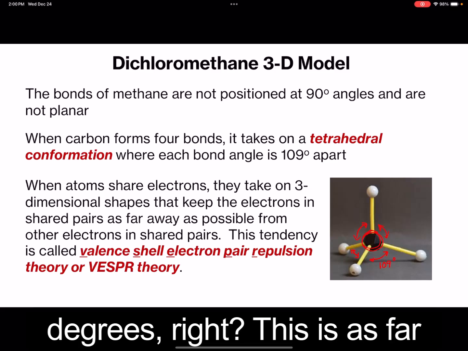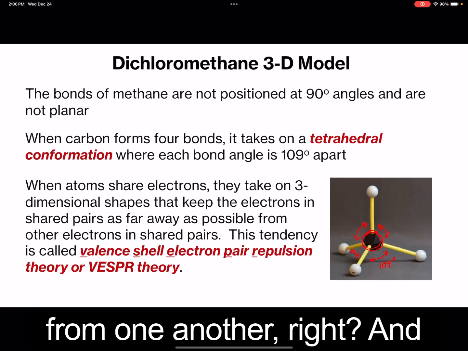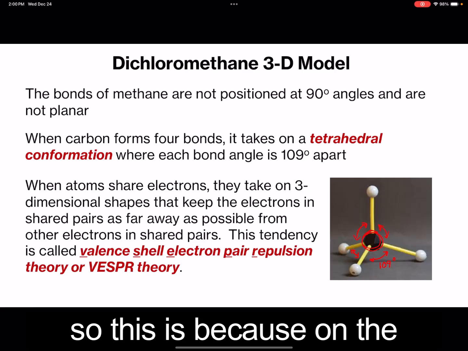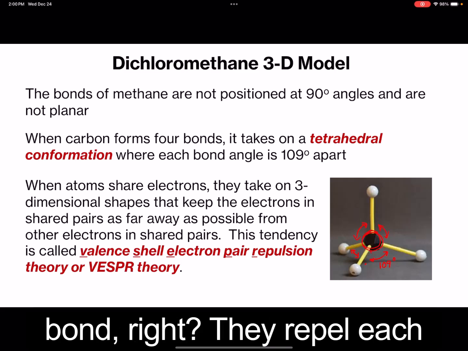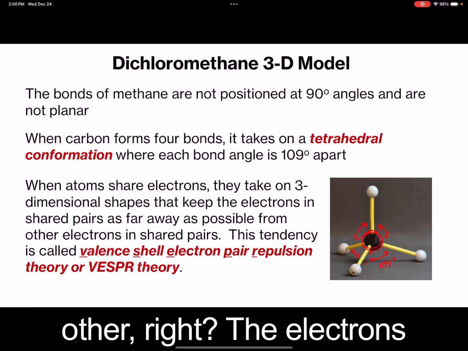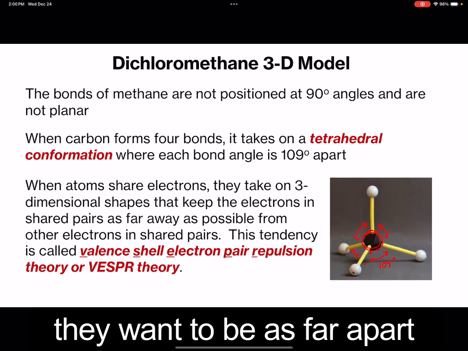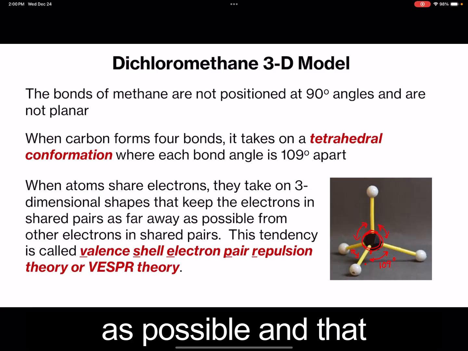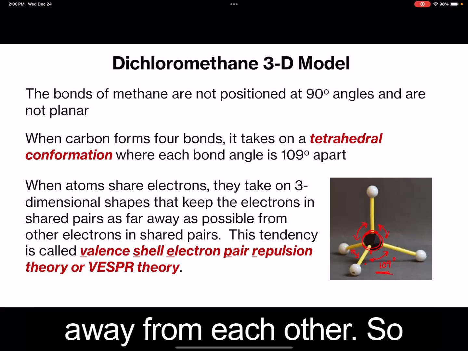This is as far apart as these bonds can get from one another, right? And so this is because the electrons that are being shared across the bond repel each other, right? The electrons are negatively charged and they want to be as far apart as possible. And that happens to be 109 degrees away from each other.